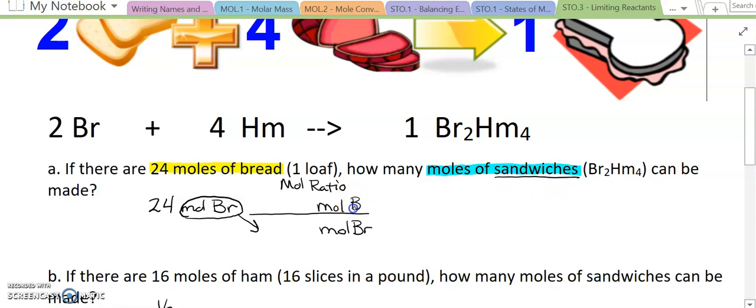So that's going to be 2 moles of bread and 1 mole of sandwich. And these numbers come from the coefficients from the balanced equation. So I have 2 moles of bread to make 1 mole of sandwich. And that's going to cause my moles of bread to cancel out. And I'm going to multiply across the top, and I'm going to divide by the bottom. And I can come out with 12 moles of sandwiches.